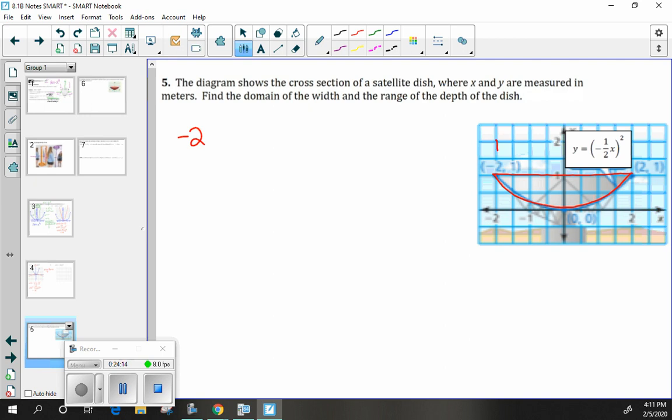And then I look over here and I've got a positive 2. So I know that my x has to lie somewhere between those numbers, and it's got to be larger than or equal to negative 2 and smaller than or equal to 2. And that is our domain.